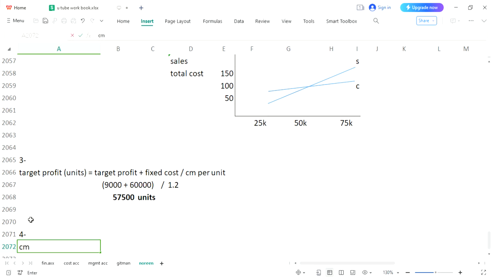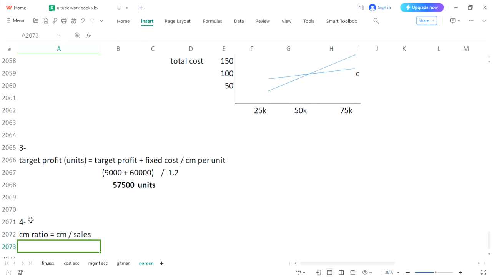So CM ratio, how do we calculate? We take CM and divide it by sales. In this way, sales, CM, and CM ratio can be calculated if any one is missing. I will try to demonstrate it in a simple way as well, but right now the CM ratio was given in the question and we have perhaps calculated it as well.